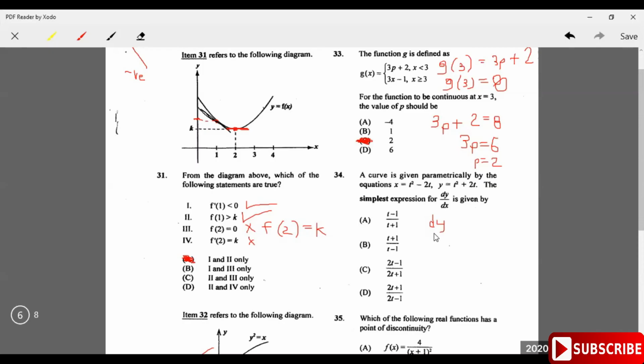So dy by dx is equal to dy by something times something by dx. Now that something is the parameter, in this case, which is t.